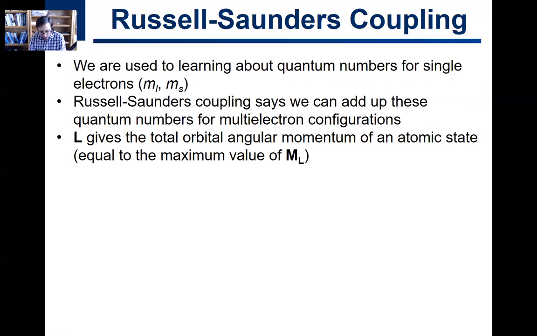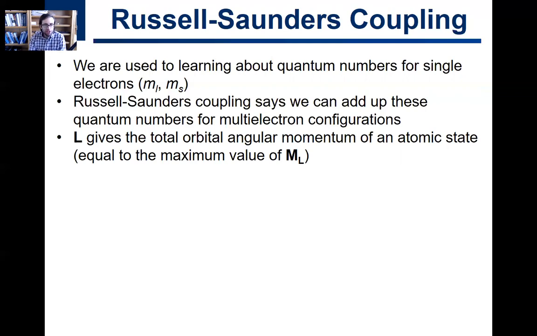Let me just pause here to tell you, there's a lot of nomenclature here. It gets pretty complicated. That's okay. The best thing is to work through an example, and that's what we're going to do. And you can use these slides as a reference to go back to later as we work through the example. But capital L, we're using capital values for these multiple electron states.